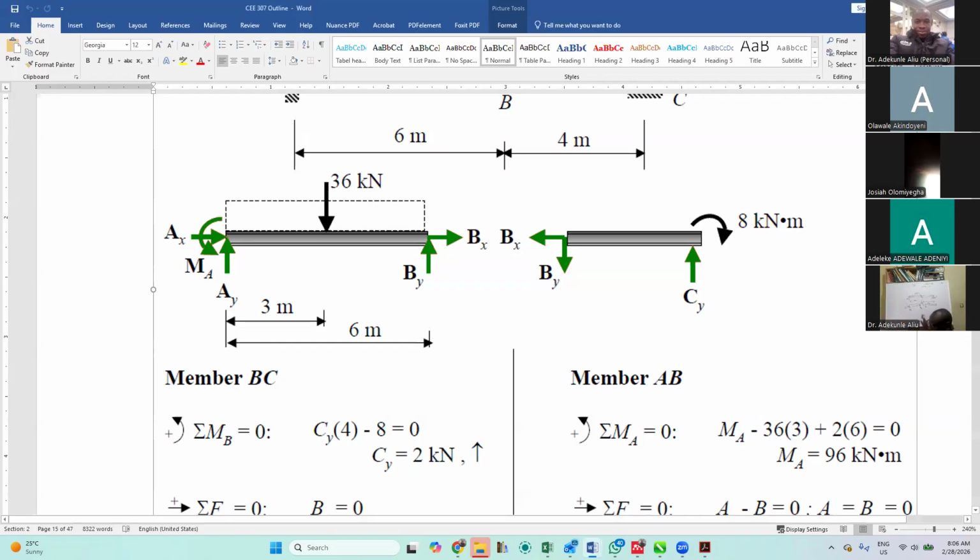So as I was saying, if you are taking moments about point A, careful.